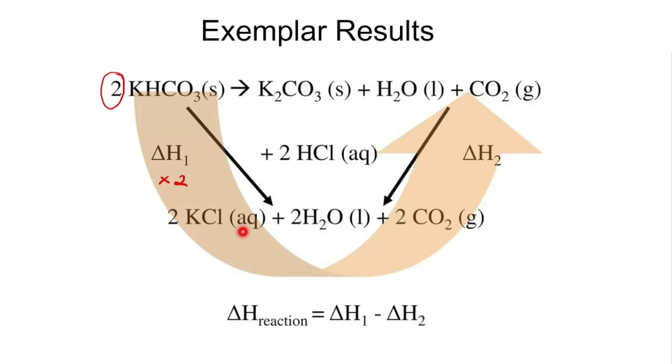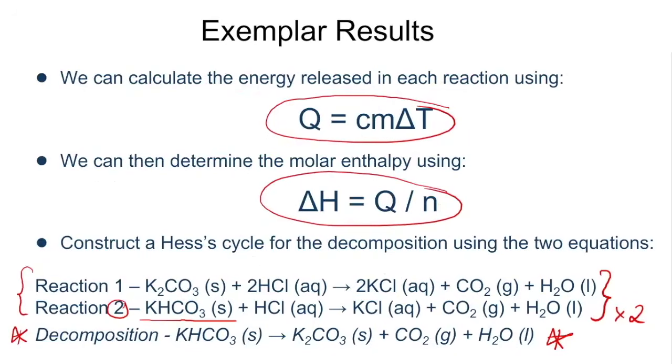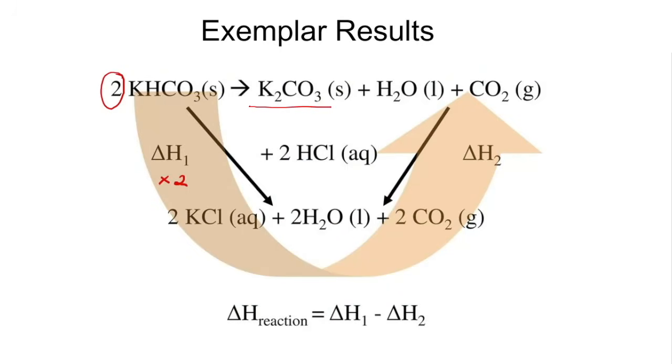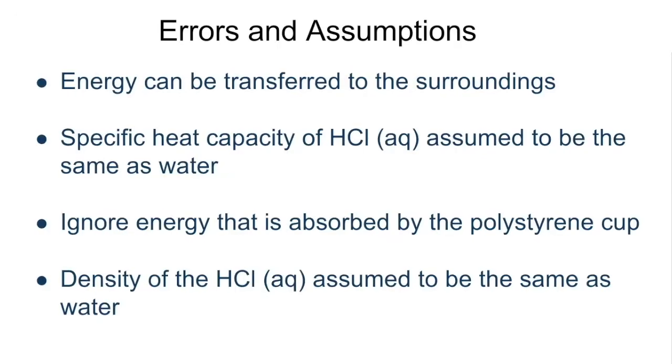I'm using 1 mole of the potassium carbonate, which if we go back, again, that's the same, so we don't have to make any sort of multiplication there. And we can use Hess's law to determine the ΔH of the reaction.